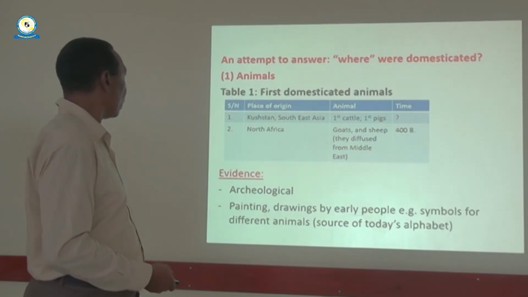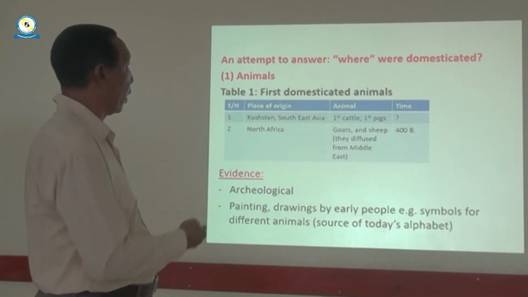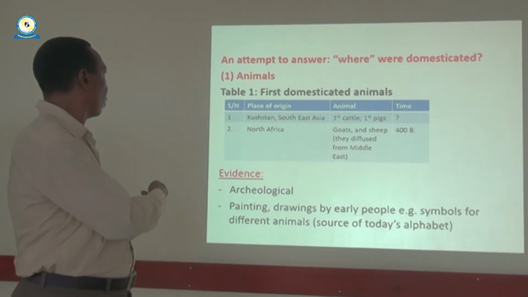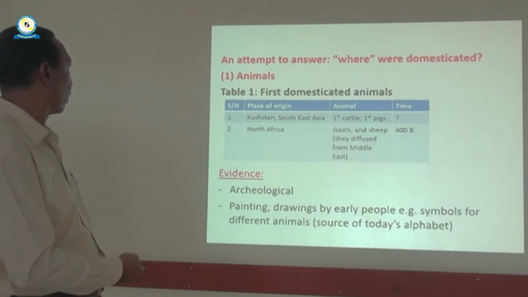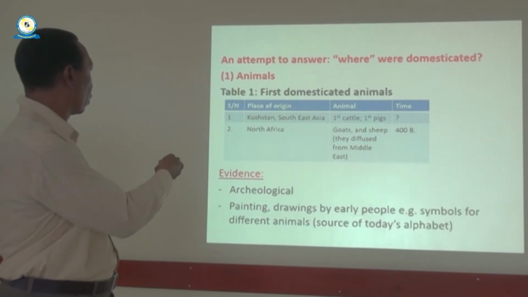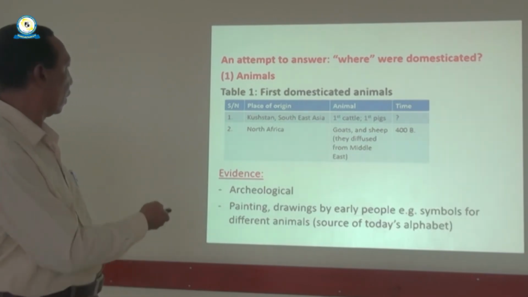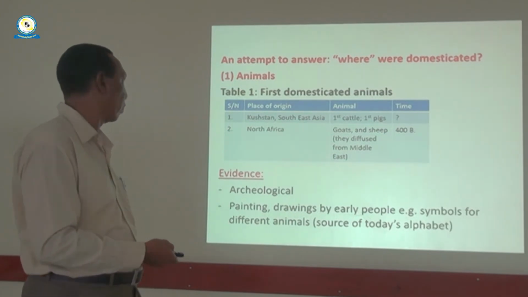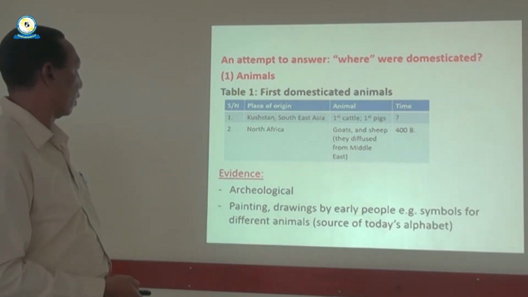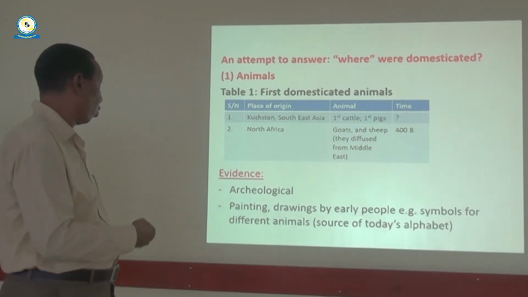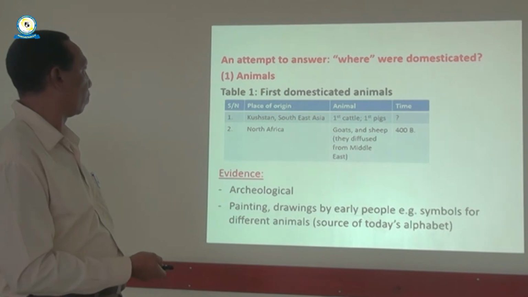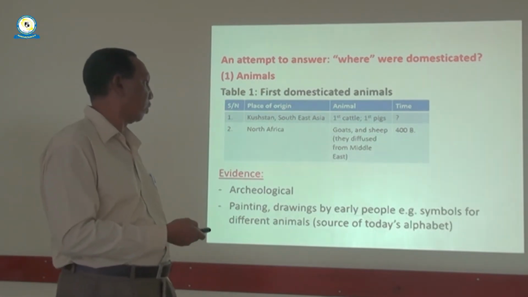Now, in an attempt to answer where the animals were domesticated, I decided to draw this table. For example, in Southeast Asia, they say first cattle and pigs, but the time is not known. In North Africa, according to archaeological evidence, goats and sheep were diffused from the Middle East.